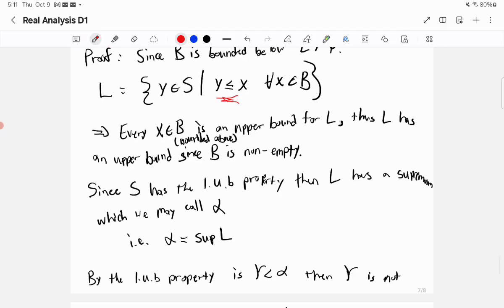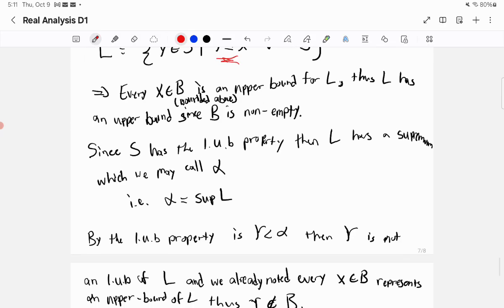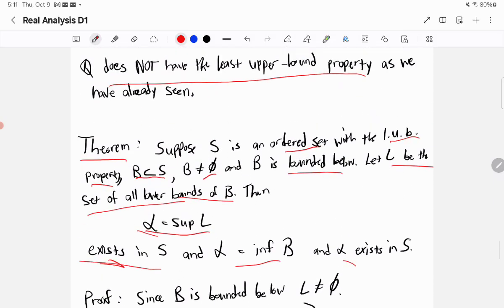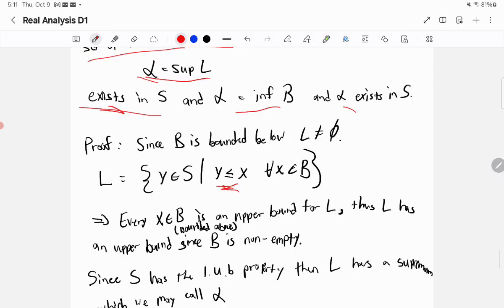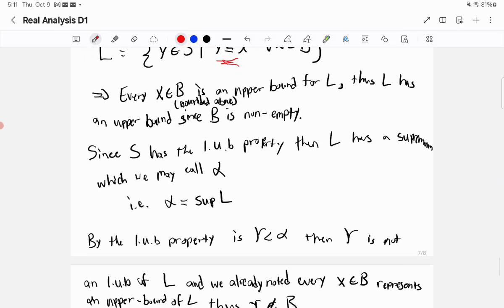Therefore, L is bounded above. Great. And since B was non-empty, which we said up here in the theorem, then L has to have an upper bound because B is not empty, right? So L has an upper bound.